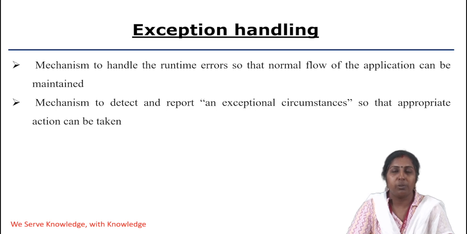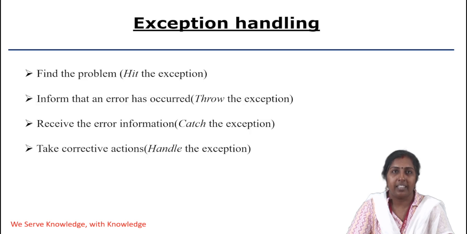Here also we have a mechanism to detect the exception and to report these exceptional circumstances so that we can take appropriate actions. Exception handling refers to the mechanism which handles or reports the exceptional circumstances that occur during the execution of a program so that we can take appropriate actions to handle these exceptions.